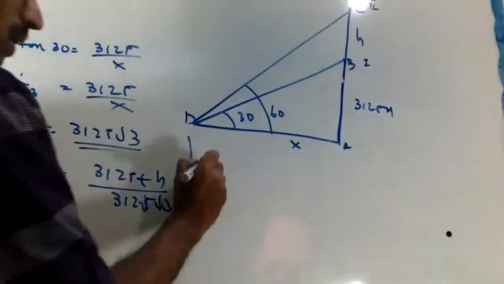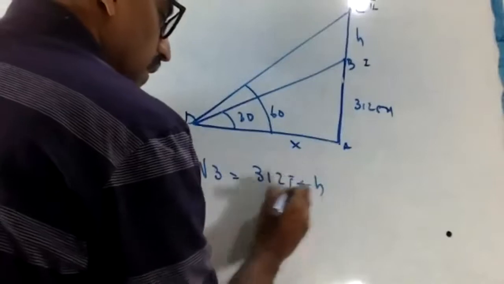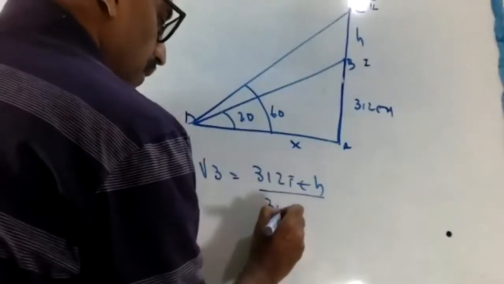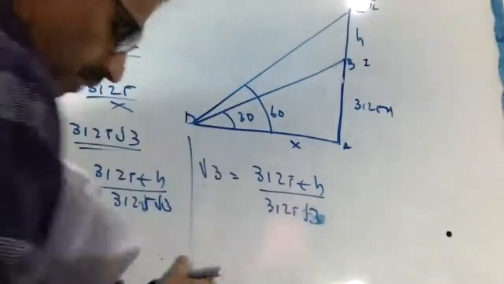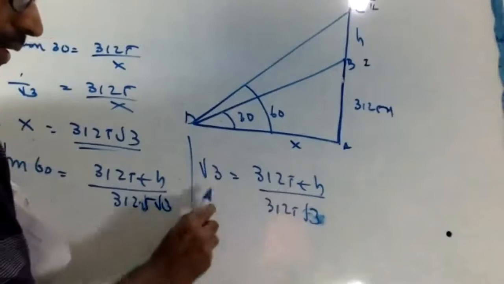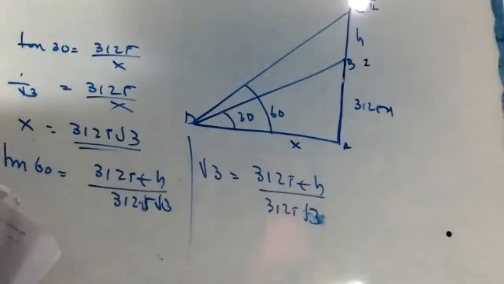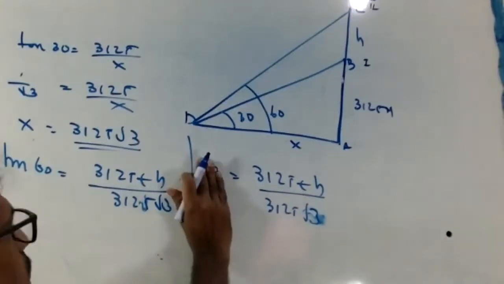That is root 3 equal to 3125 plus h divided by 3125 root 3. Cross multiply. 3125 into 3 how much? Okay, correct now.